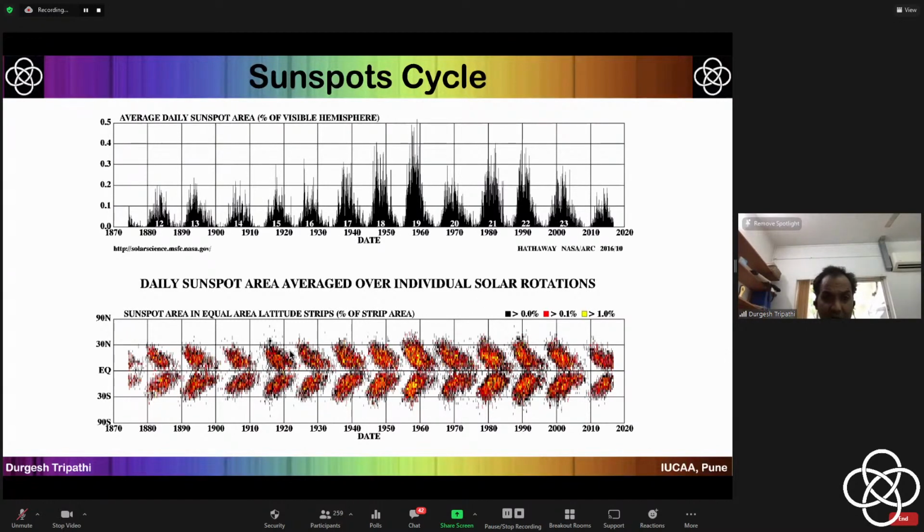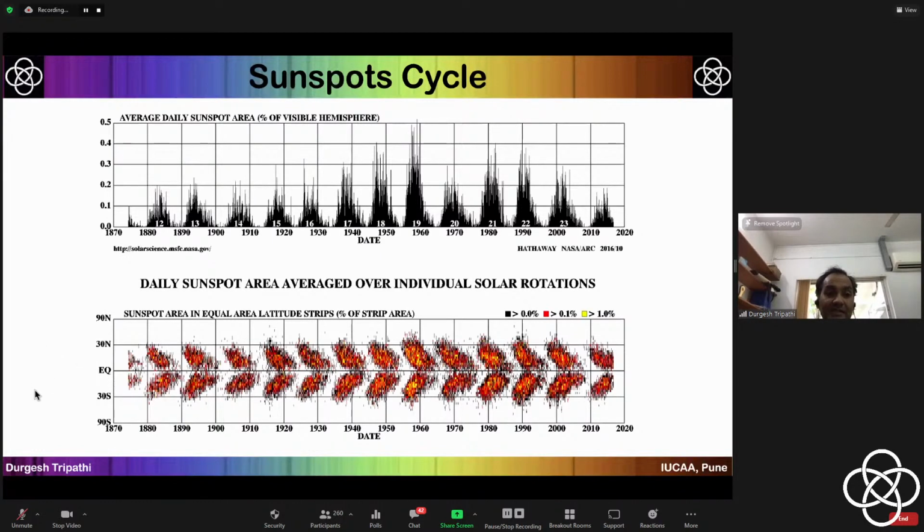What is shown here at the bottom panel is that now we can identify where the sunspot is, and we can define a coordinate system. I explained that yesterday: you define the coordinate system as if you have a disk, with north 90 degrees up, south 90 degrees down, east in this direction, and west in this direction.